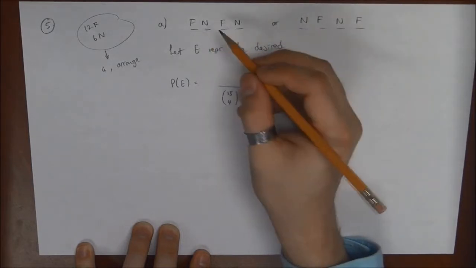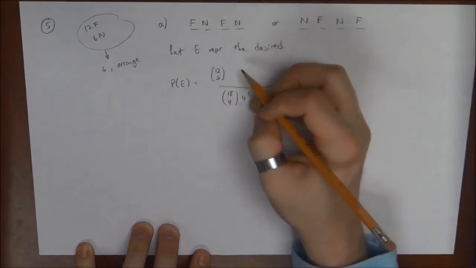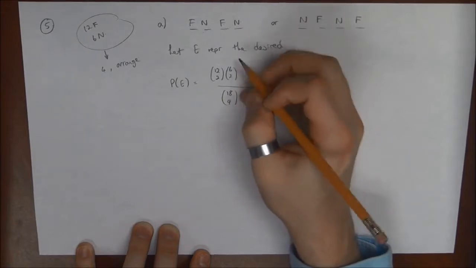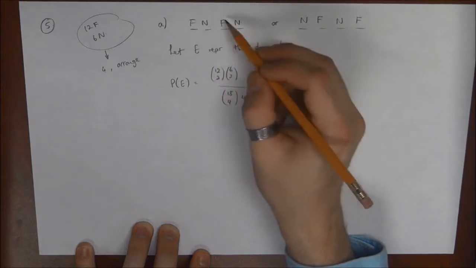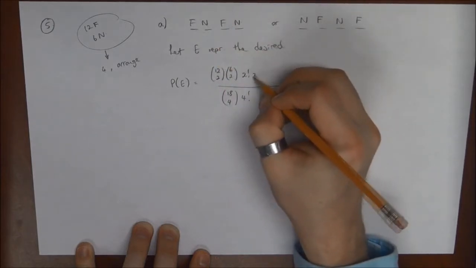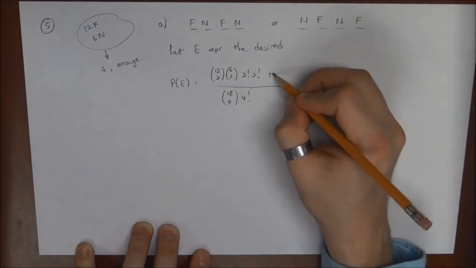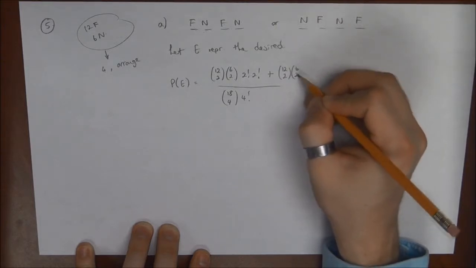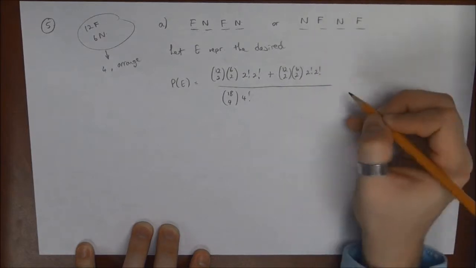First one, well, I need to select 2 fiction books, 2 non-fiction books, but their positions are basically fixed. I can just shuffle the fiction among themselves and the non-fiction among themselves. Or a completely separate case, so I'll add that number, select 2 fiction, select 2 non-fiction, arrange them among themselves for the second case.